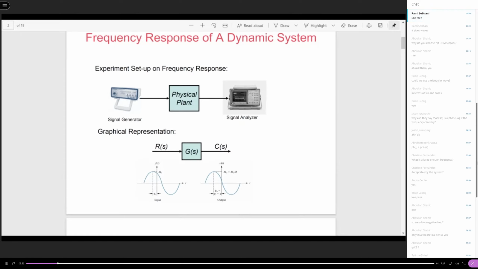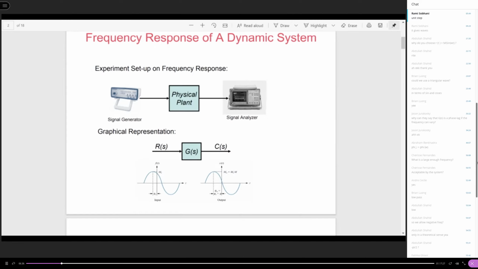If you remember, when we talked about the transient performance, we actually used the unit step response to define the performance index specifically. So the unit step is a very popular testing signal, because under the unit step excitation, the system can exhibit its dynamic mode with a lot of information. That is why people like to use the unit step as the testing signal.